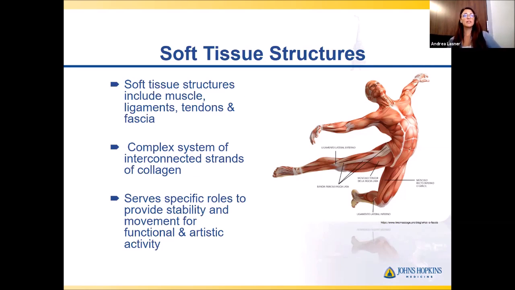These are complex systems, complex strands of different collagen that make up each of those different structures. And it serves specific roles to provide the stability and movement for function and artistic activity. So it's what gives us the ability to walk, jump, land, play, and all of the other motions that we do in everyday life.